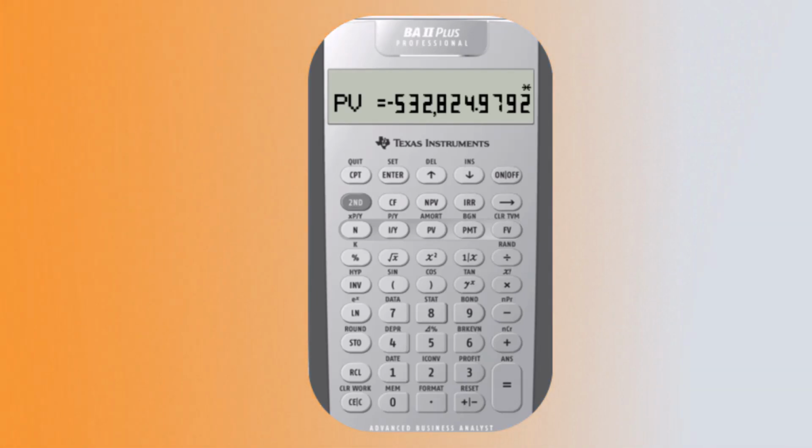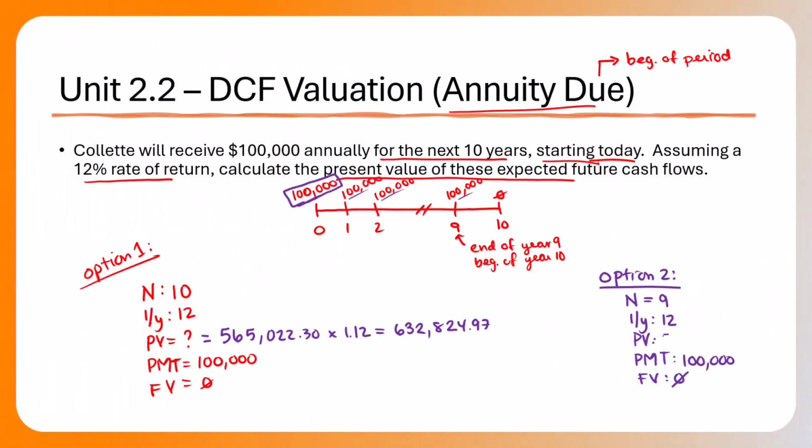And then all we have to do here is simply add the $100,000 back, because we're ignoring this $100,000 on the timeline at time 0 in the calculator, and by doing that, we arrive at the exact same answer. So 2 slightly different techniques there that we can use to find this. We take 532,824.97 and add the 100,000, which is our cash flow at time 0, and we get the exact same answer.